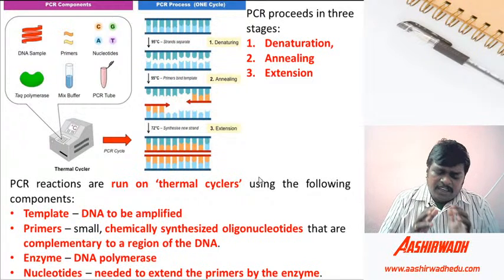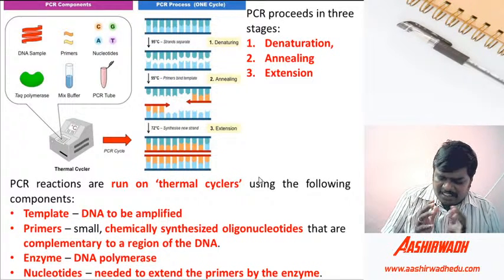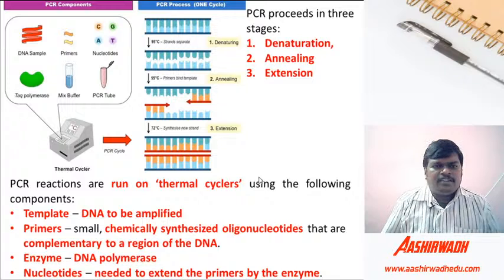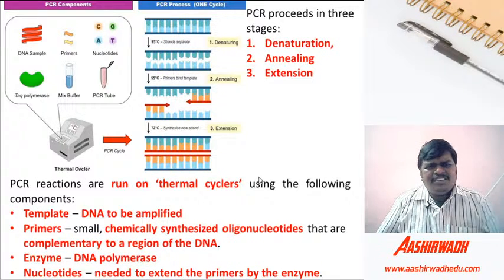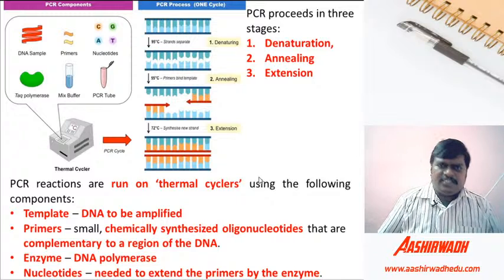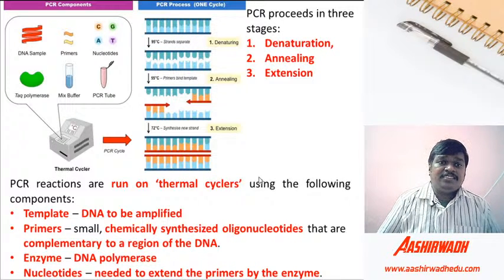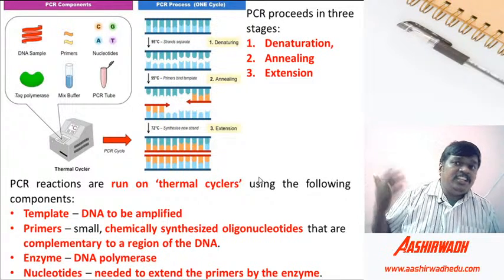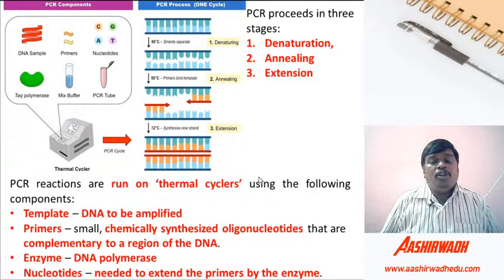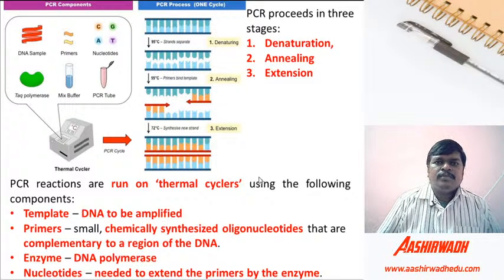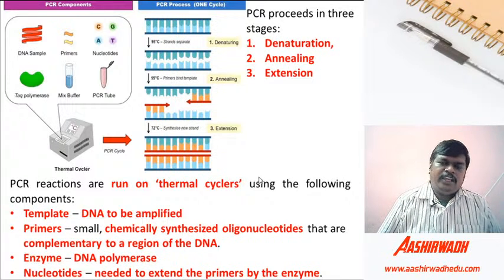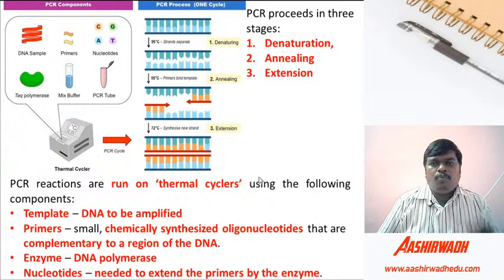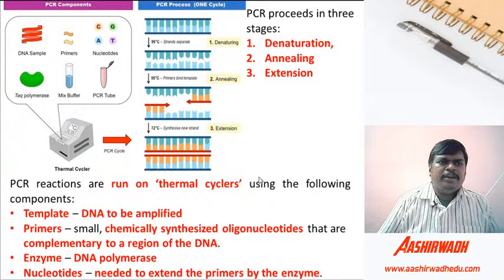Now let me explain what are the components that are required for the PCR to function. PCR basically works on thermal cyclers. There will be a lot of variation in the temperature in the polymerase chain reactors. Because of that only they are able to produce millions of copies of the same type of DNA from a single copy. From one, we can produce millions of copies by using PCR.